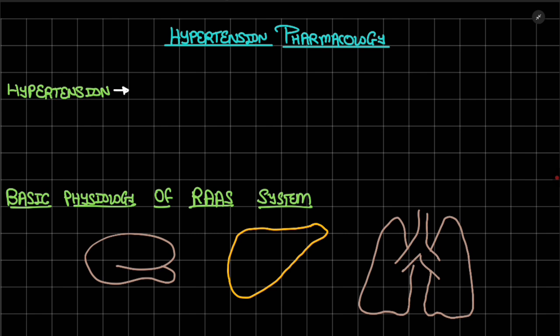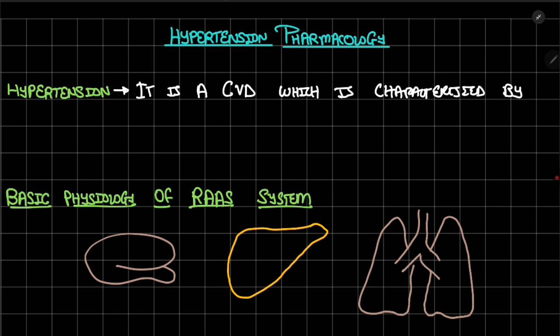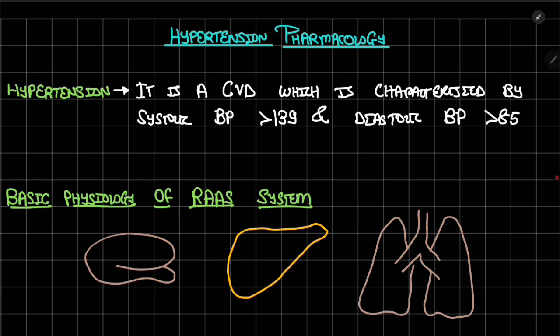Now, what is hypertension? We will write a definition first. Hypertension is a cardiovascular disease characterized by systolic blood pressure more than 139 and diastolic BP more than 85.